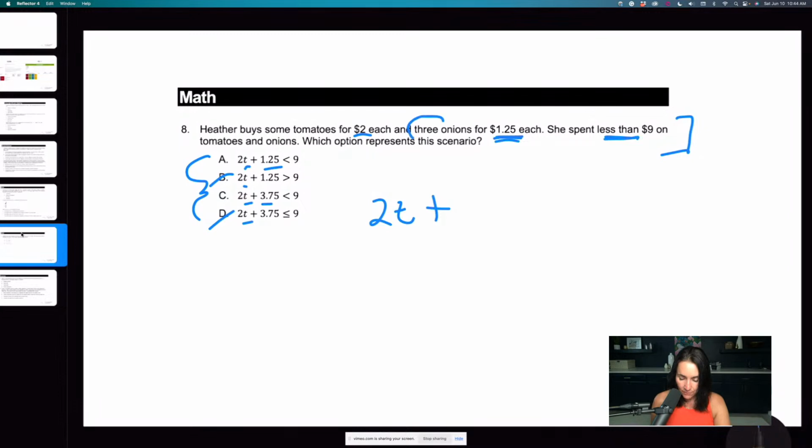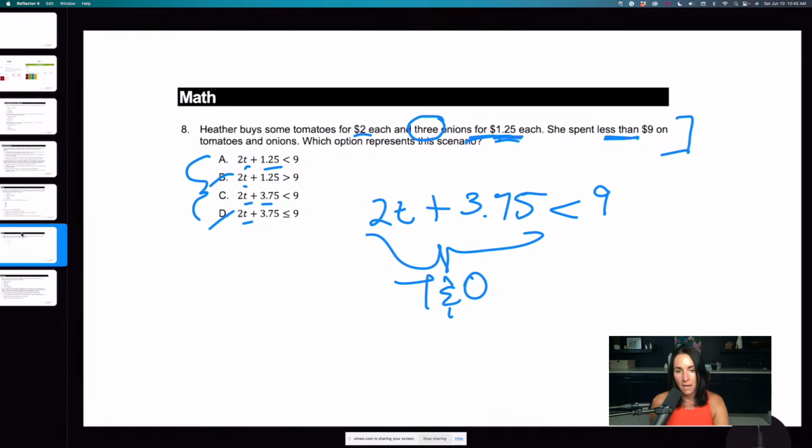Well, it says we have 3 onions. And notice I don't have a variable to use here. So I have to add up 1.25 plus 1.25 plus 1.25, which gives me 3.75. What she spent on tomatoes and onions was less than 9. T's and O's is less than 9. All right. So that's going to be C, marking out A.